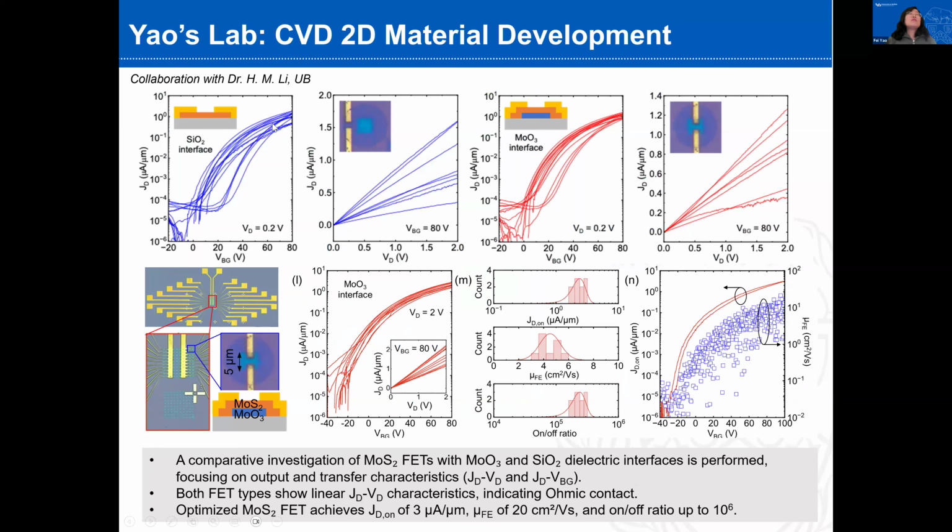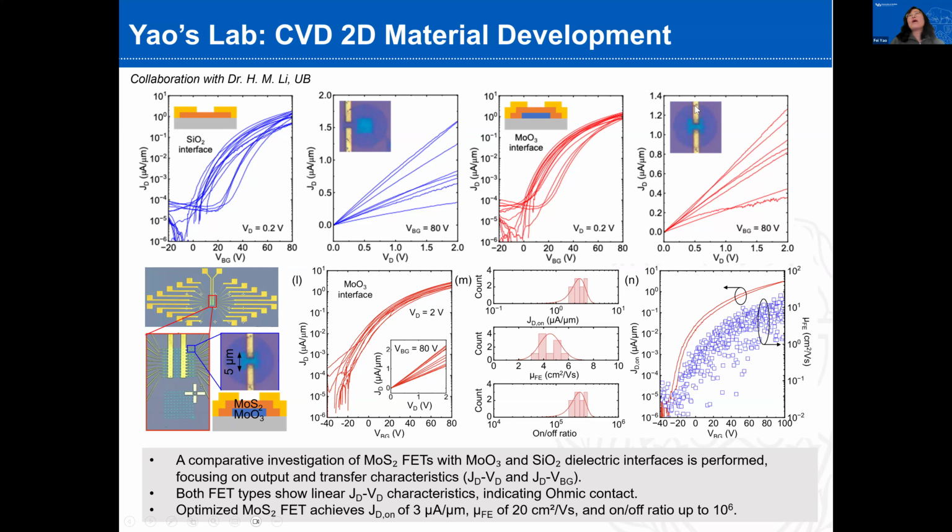With the collaboration with Dr. Hua-Ming Li at UB, we tried to evaluate the transistor performance of those circular dot patterns. It's worth noting that we do have a residue of the pocket, which is the moly oxide precursor, during the CVD synthesis. In order to evaluate the impact of the residue, we patterned the electrode finger at the bare MoS2 part directly on the silicon oxide.